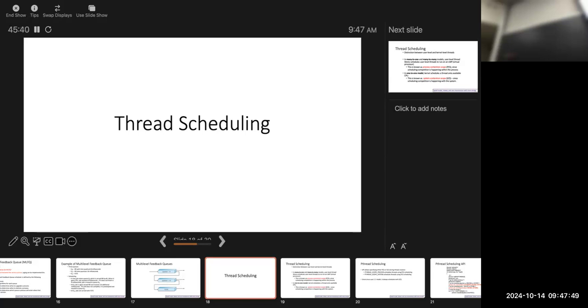Now assume that we have a single core, right? If the kernel needs to schedule one of these threads, all of these threads will compete for this single core. Now let's say I extend the example.